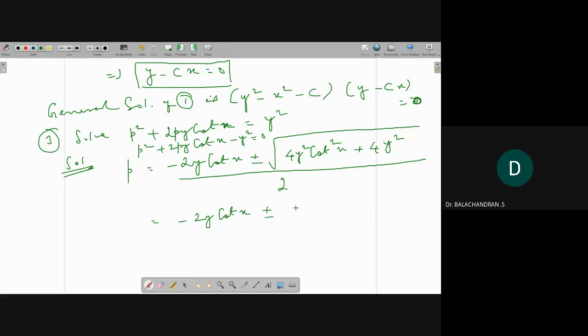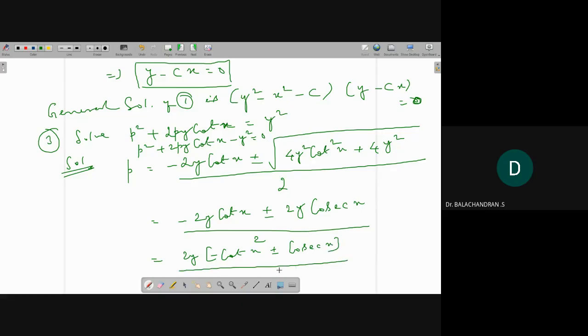cot x plus or minus. If you take 4y square commonly, you get 2y. Root of 1 plus cot square x is cosecant square x. So cosecant square x under the root, you'll get cosecant x divided by 2. So 2y you can take commonly. So minus cot x plus or minus cosecant x, divided by 2.